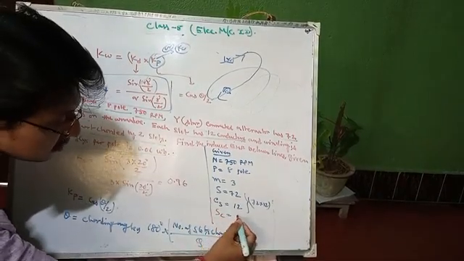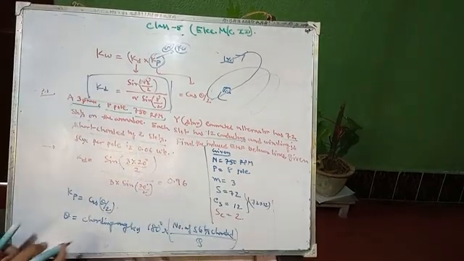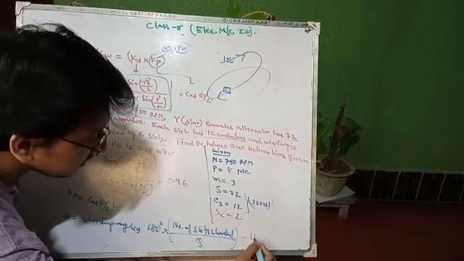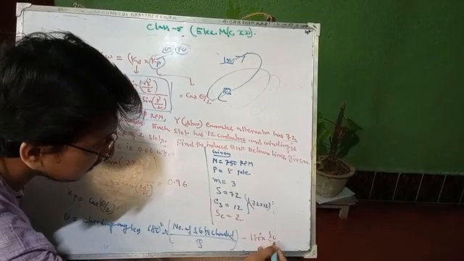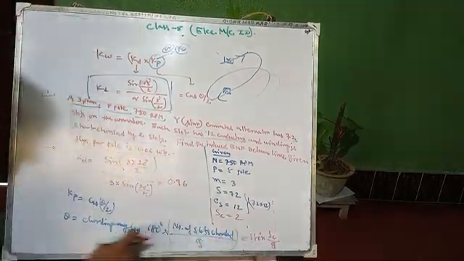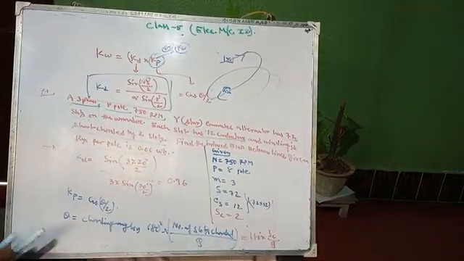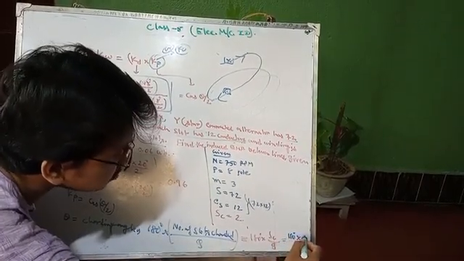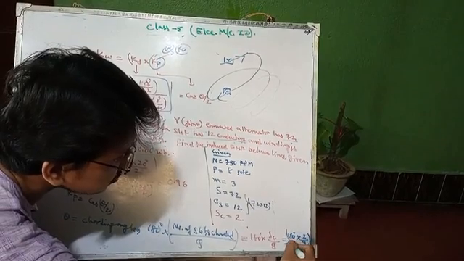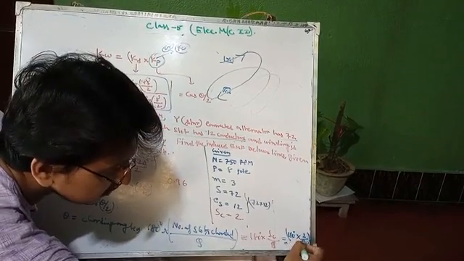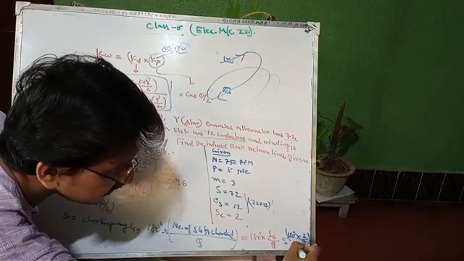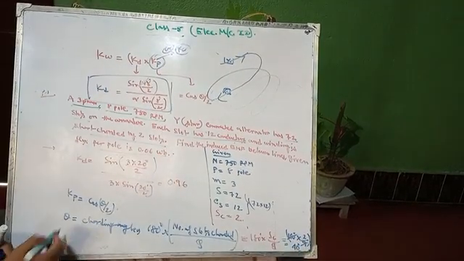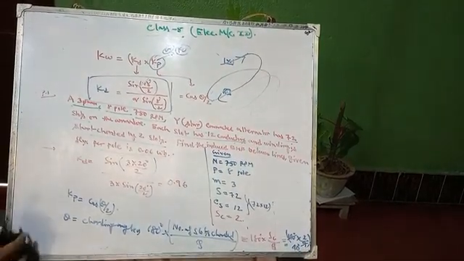The chorded slots will be 2. So theta equals 180 degree into SC by Q, that is 180 degree into 2 by 9, which is 40 degree. So your chording angle theta equals 40 degree.